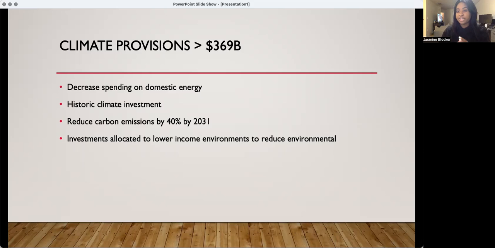And there are really ambitious goals outlined and structured to reduce carbon emissions at least 40% by 2031. And there are quite a few provisions to allocate investments to lower income environments just to reduce environmental issues and environmental injustices. So there are many people that are calling this bill a climate bill in disguise.